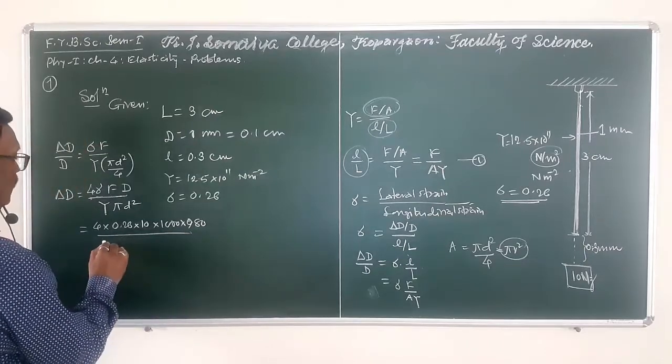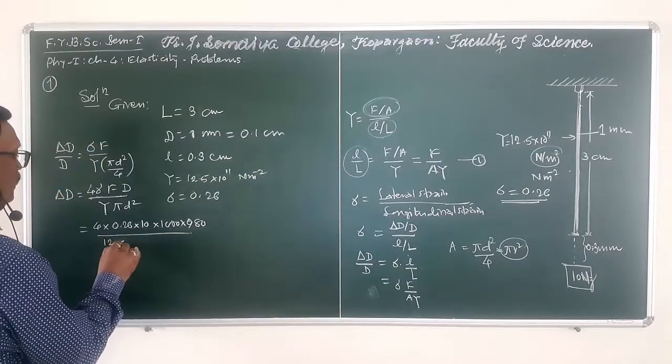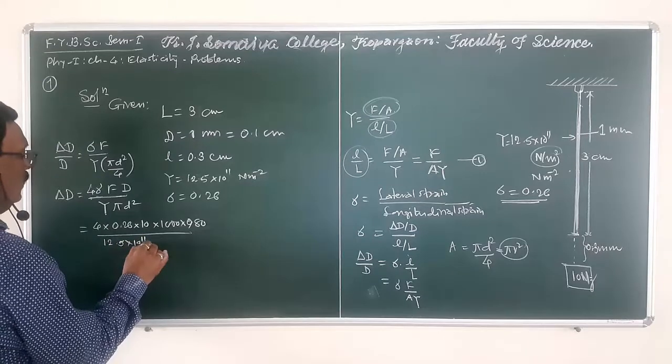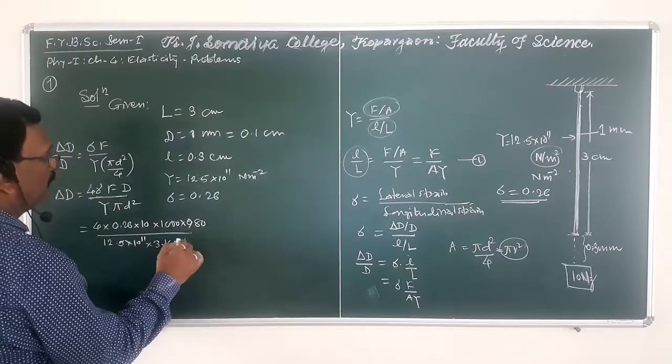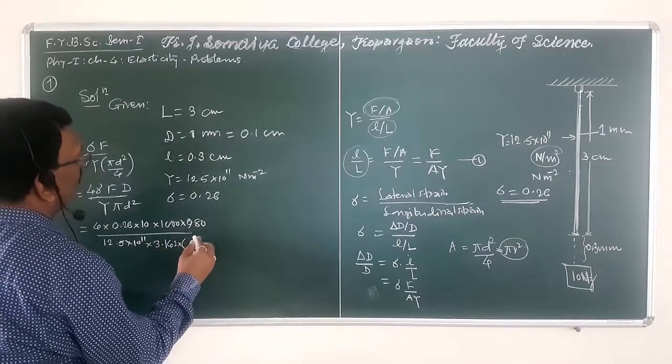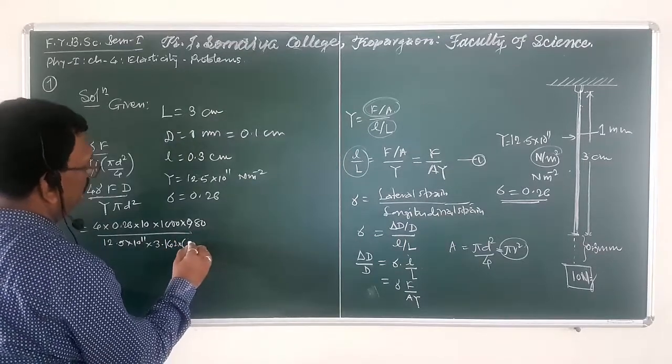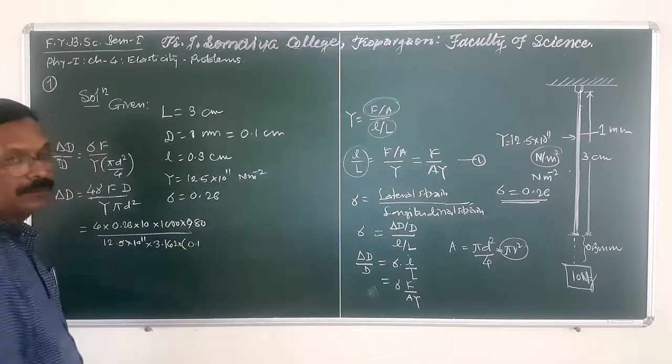Young's modulus 12.5 into 10 raised to 11, then 3.142 is the value of pi, and then d square, diameter square. This is not 0.1.